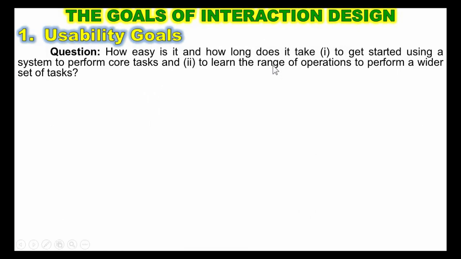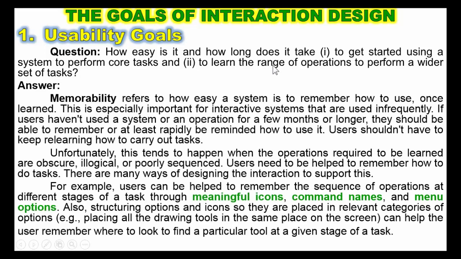Question: how easy is it and how long does it take to get started using a system to perform core tasks and to learn the range of operations to perform a wider set of tasks? Answer: memorability refers to how easy a system is to remember how to use. Once learned, this is especially important for interactive systems that are used infrequently.